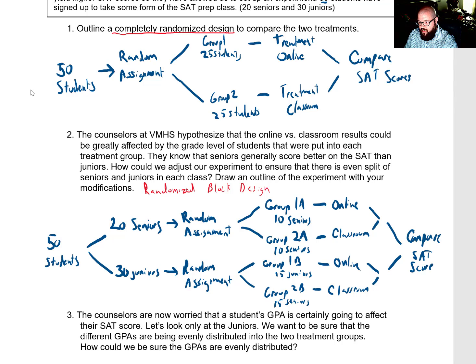So therefore, we can compare the SAT scores between each block, the block of the seniors and the block of the juniors, to see which style of either online or classroom helped out the best for each grade level. So again, that's a randomized block design.